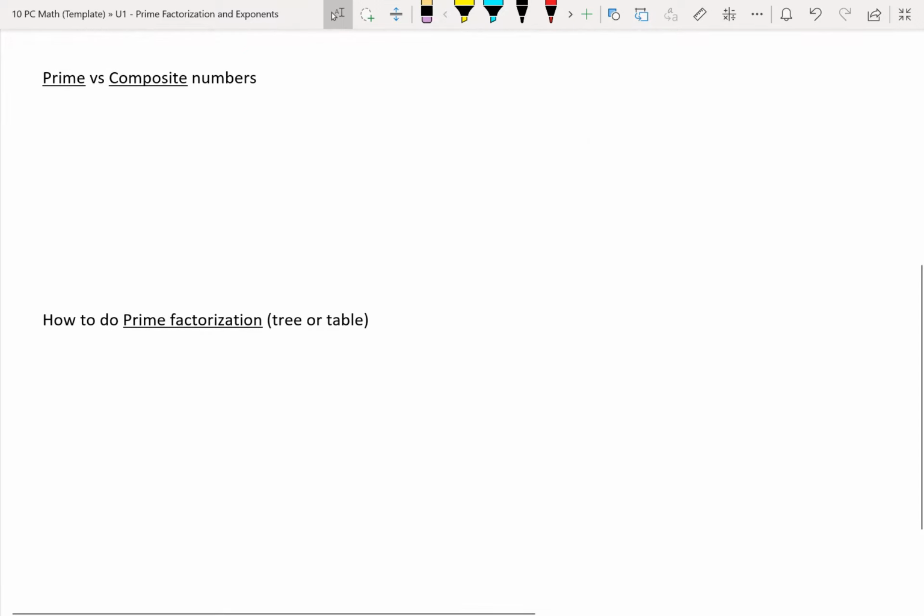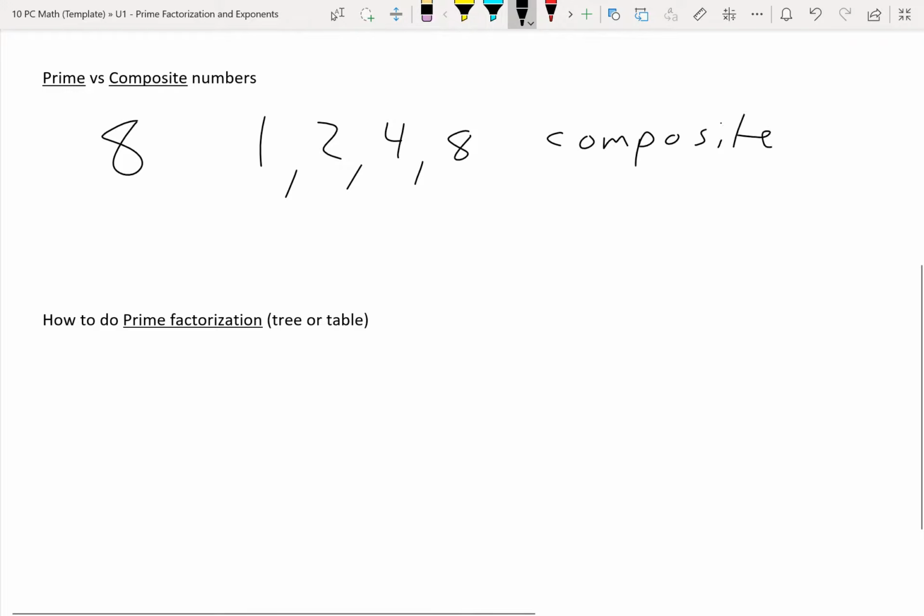Prime and composite numbers. Let's use 8 again as an example. If we take a number like 8, its factors are 1, 2, 4, and 8. Those are all the factors that fit. This is a composite number. If we took a number like 5, the only factors it has are 1 and 5.